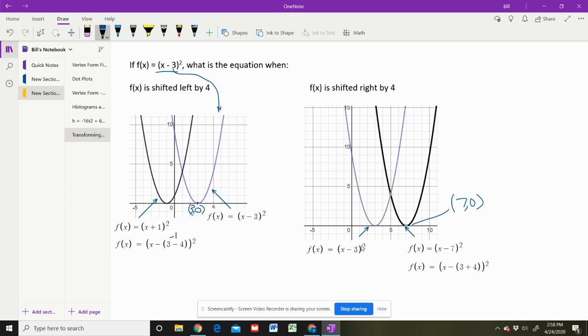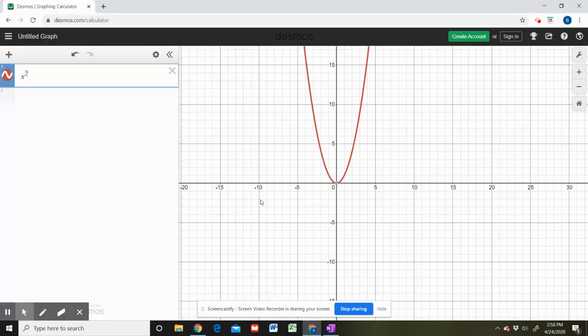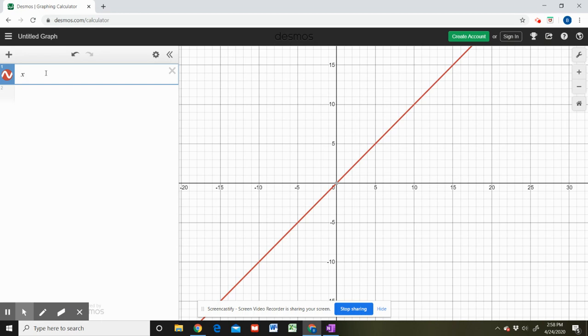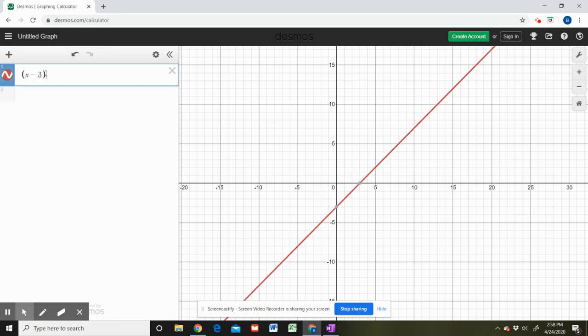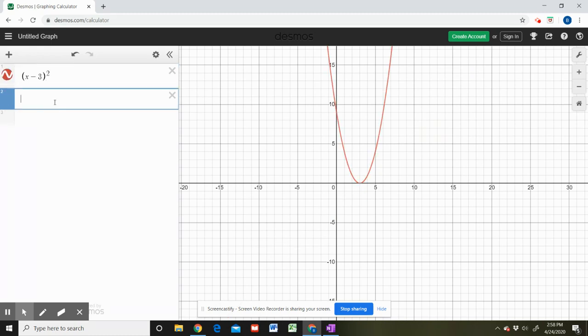When you're doing these problems, watch out for this. So x minus 3 squared. Desmos is a great tool, right? So with x minus 3 squared, that's what we had. If I was to take a look at this, if I went 4, right?